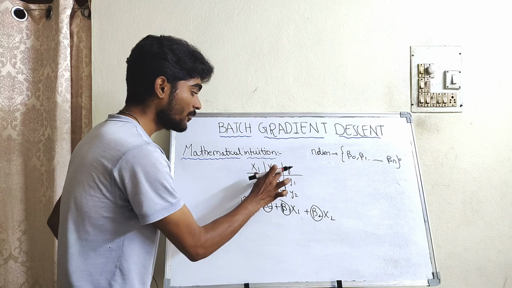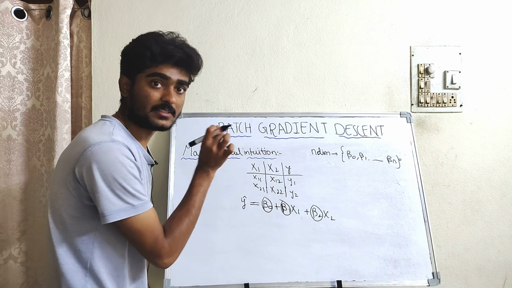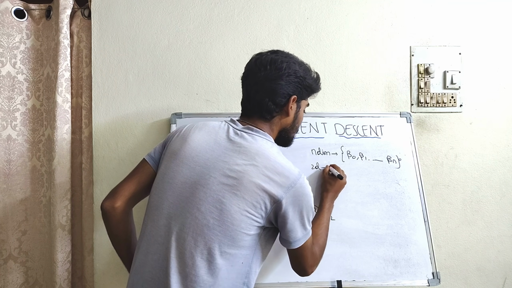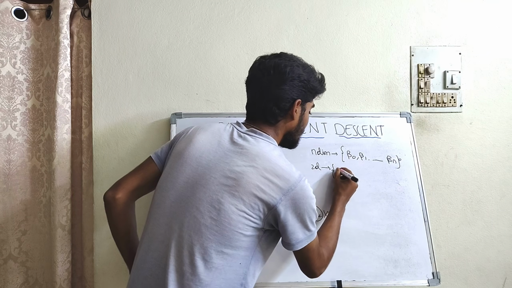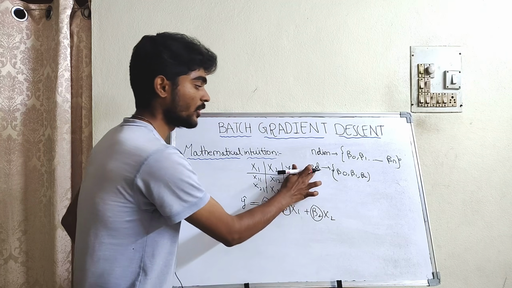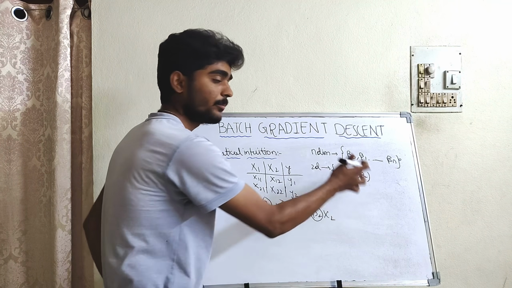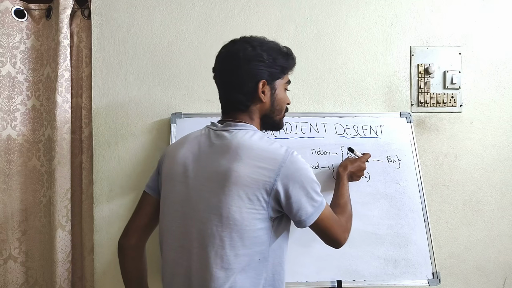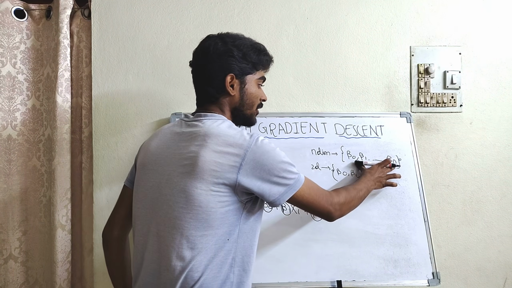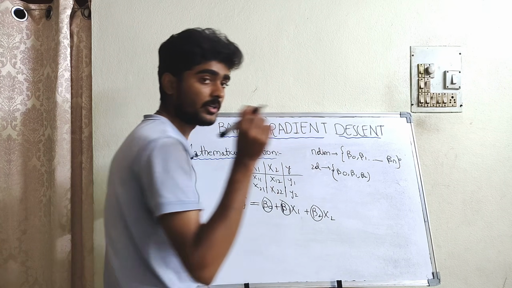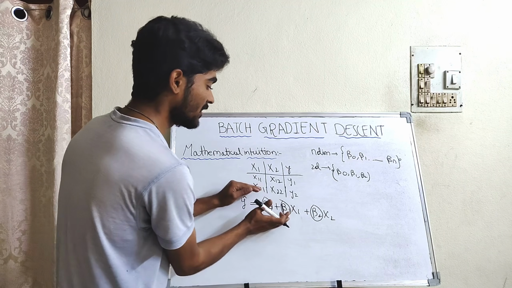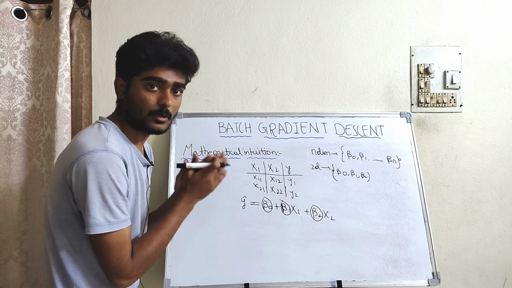For two-dimensional data, your parameters are beta naught, beta 1, beta 2. That is, for n-dimensional data you will be taking up to beta n, and for two-dimensional data you are taking up to beta 2. This is your general equation to compute the predicted output of this data set.